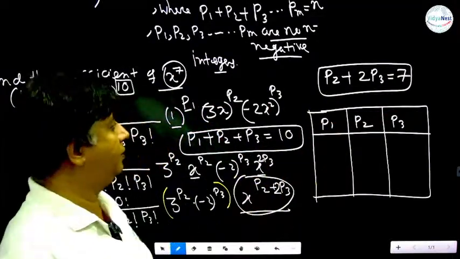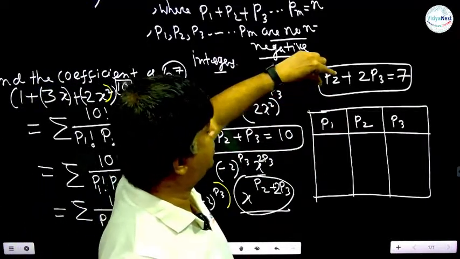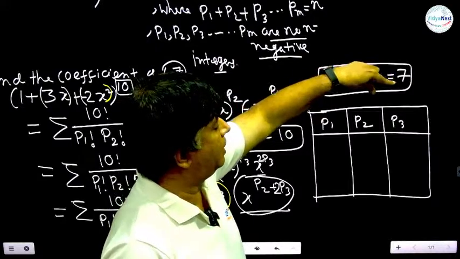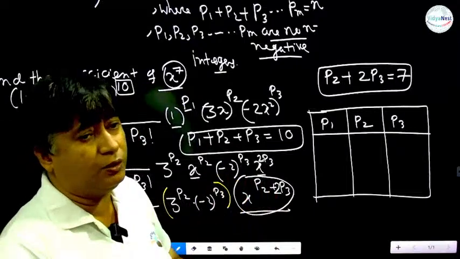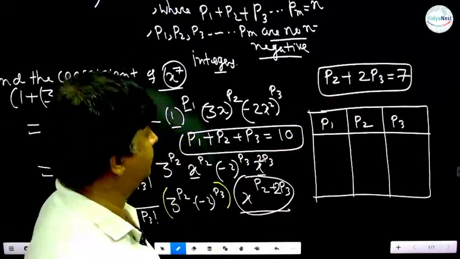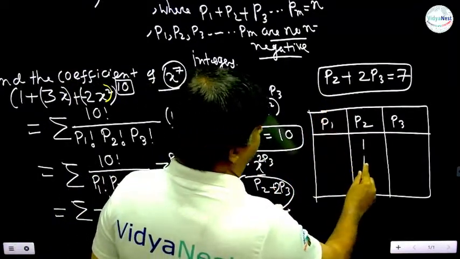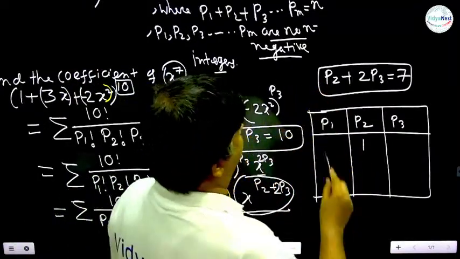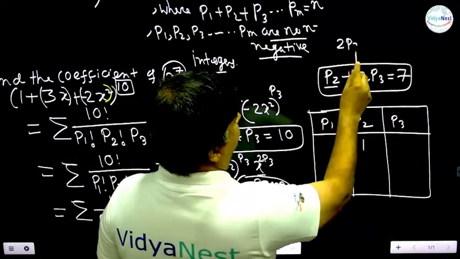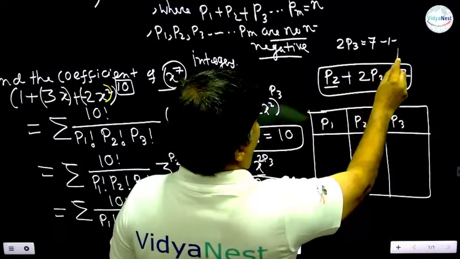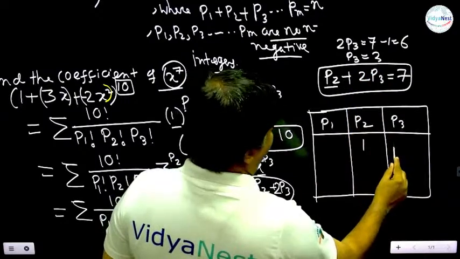All of these have to be integers. So if we take P2 as 1, then 2P3 will be 7 minus 1, which is 6. So P3 will be 3.